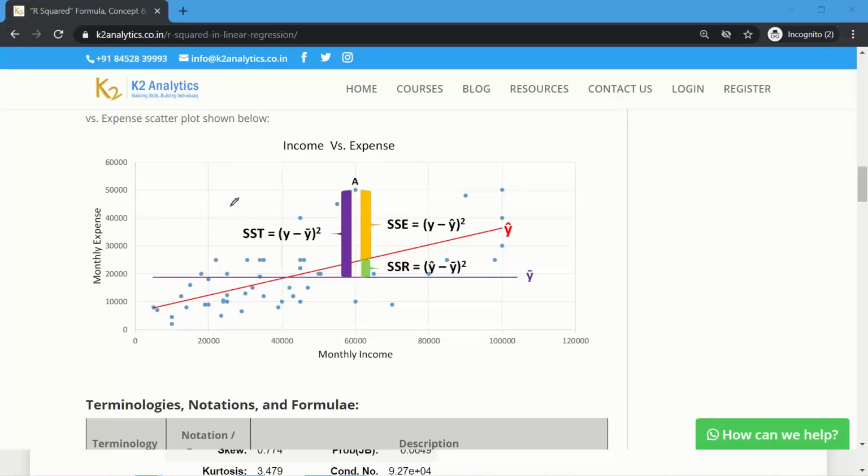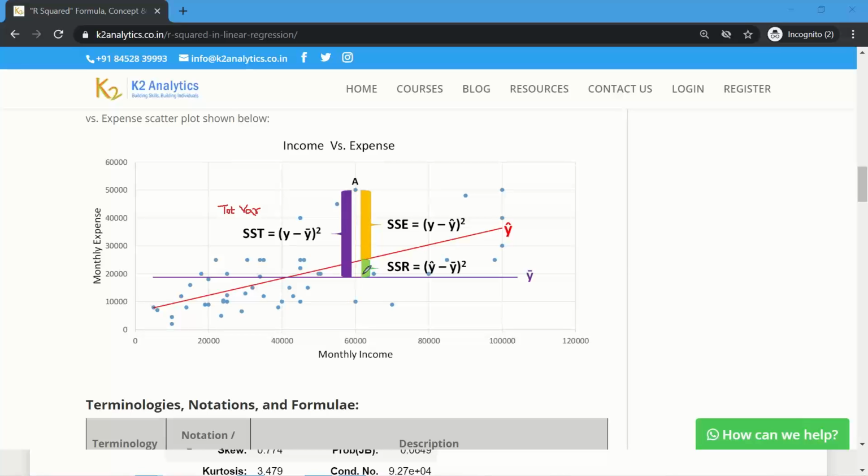So here I can say this purple bar which I have, which is sum of squared total, I can call it total variance. Because of my regression equation, this green part is the amount of error which I am able to reduce.